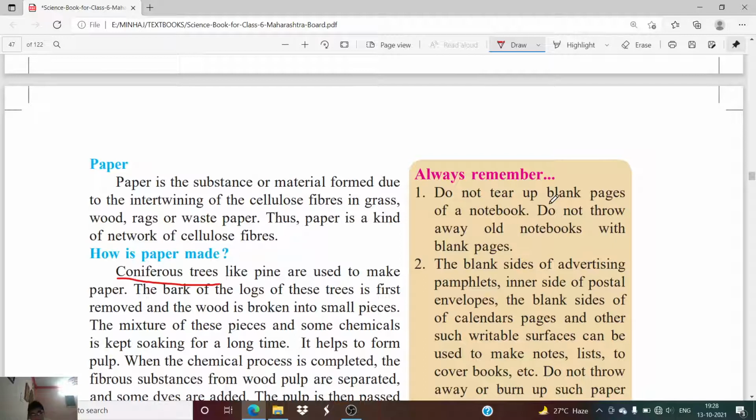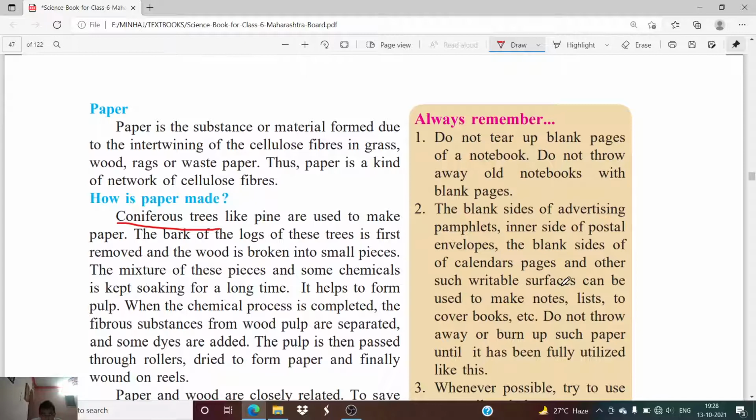We should not throw away notebooks which have blank pages. The blank sides of advertising pamphlets, inner sides of postal envelopes, the blank sides of calendar pages, and other such writable surfaces can be used to make notes, lists, and to cover books.